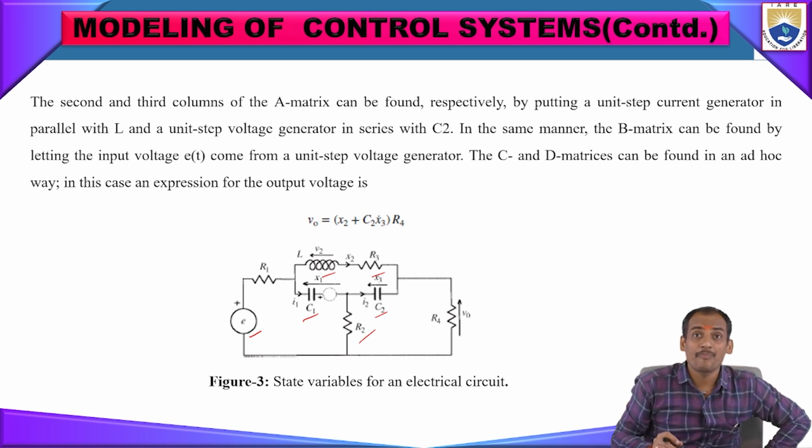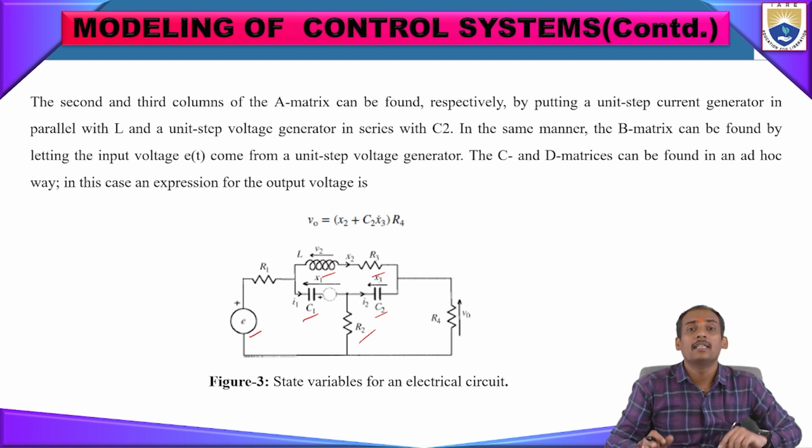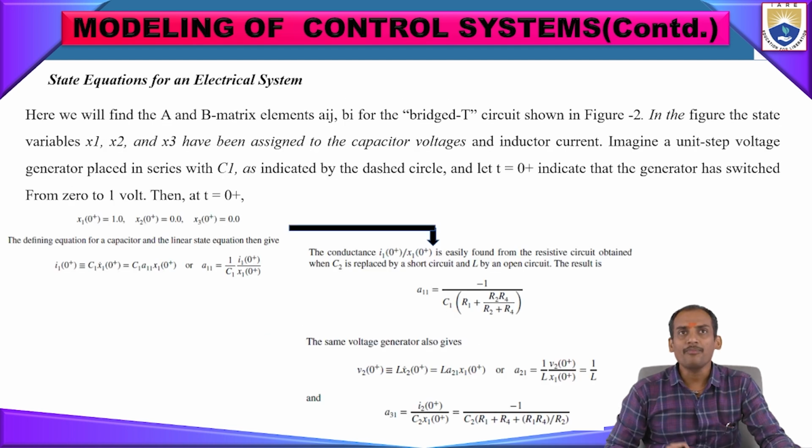If we want to represent this entire system in state space form, we have the A and B matrix elements, Aij and Bi, and the bridged-T circuit as shown in figure 2.